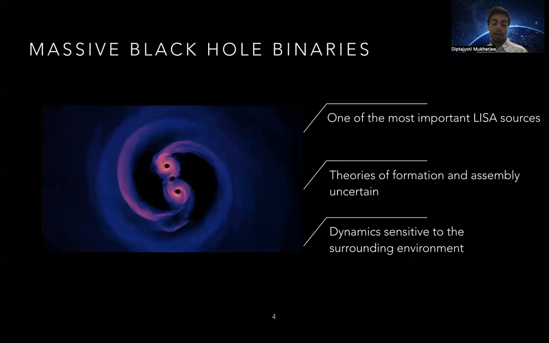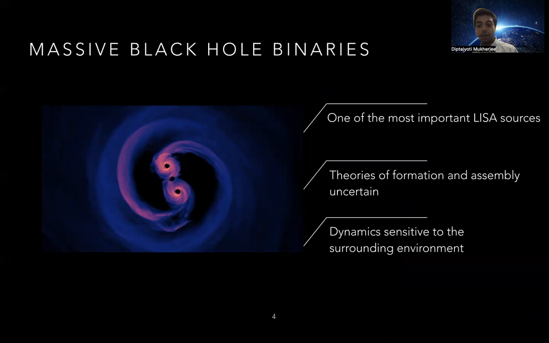Now, why would we want to study these objects? Well, massive black hole binaries are touted to be one of the strongest sources of gravitational waves in the universe, which makes them a very important LISA source. Now, despite being such massive objects, we don't really know how these objects form and assemble or evolve over time.